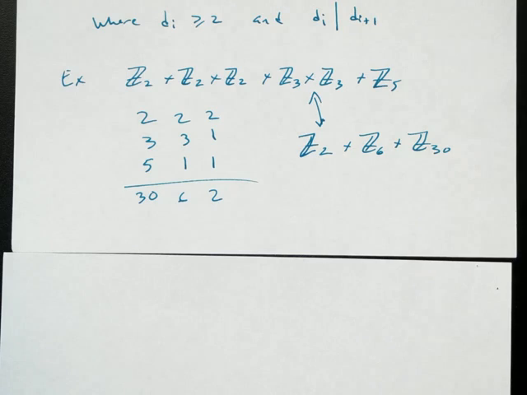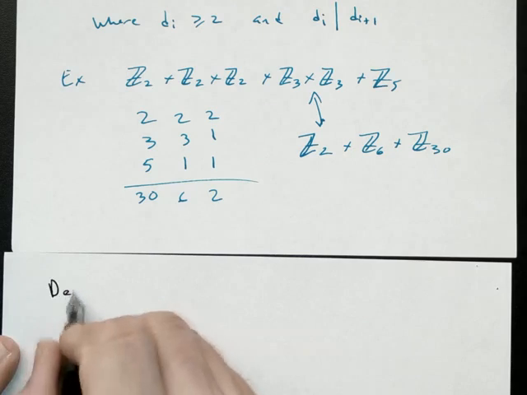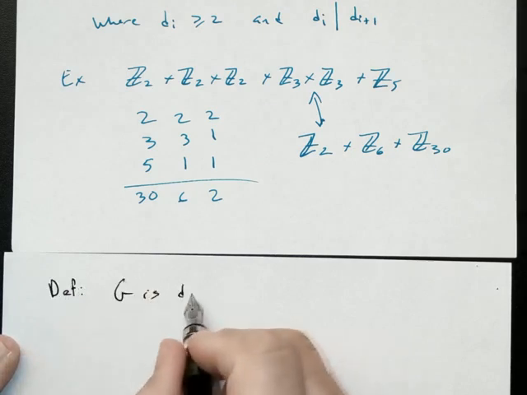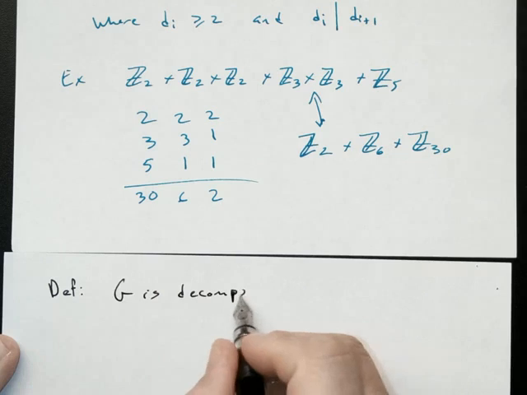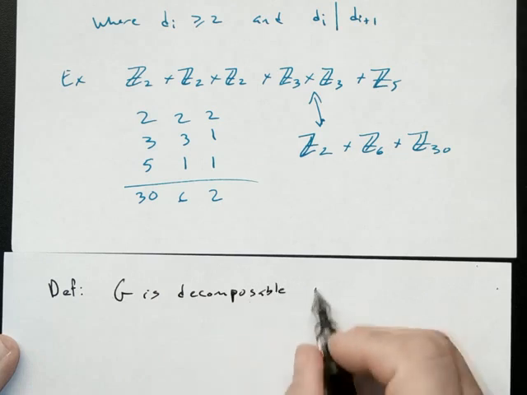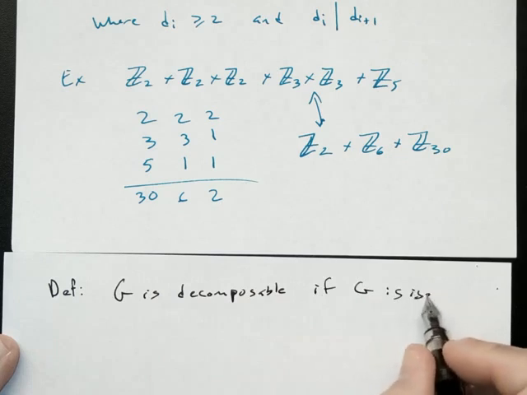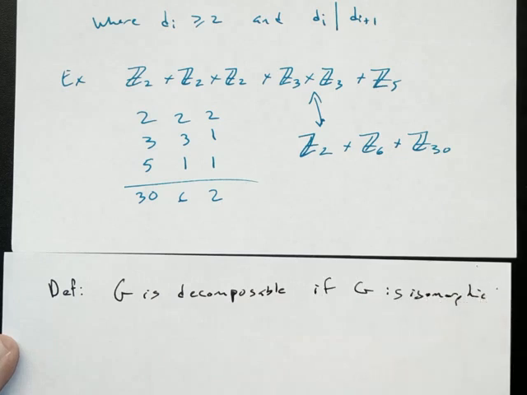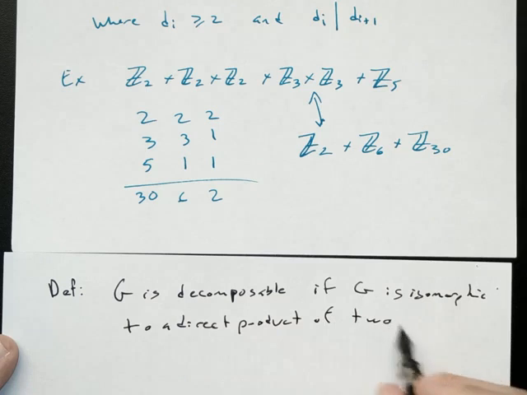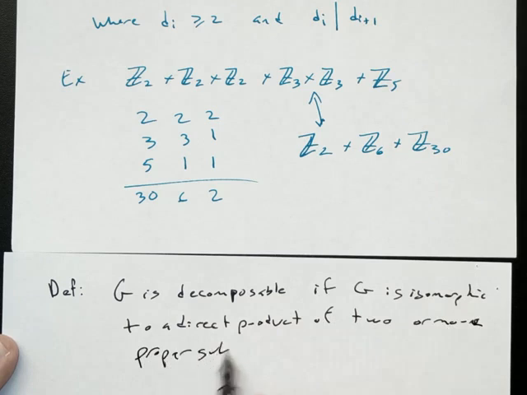Our definition: G is decomposable if G is isomorphic to a direct product of two or more proper subgroups, otherwise a group is indecomposable.